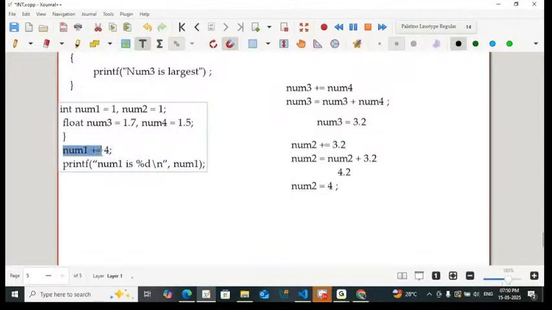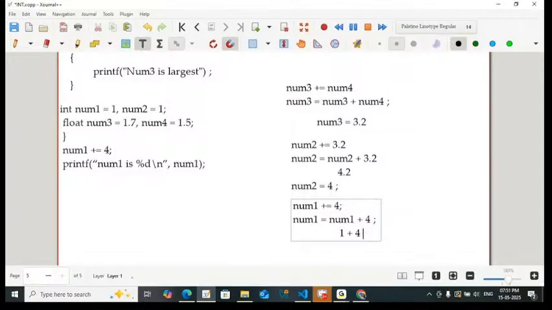Then num1 plus equal to 4 means num1 is equal to num1 plus 4. So num1 is 1 right now. 1 plus 4 is 5. So your num1 is assigned with 5.